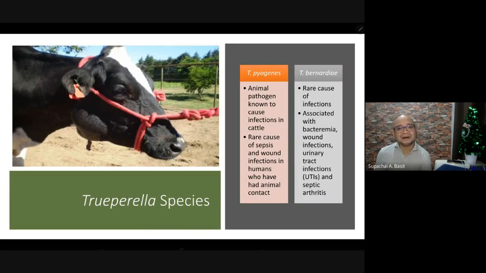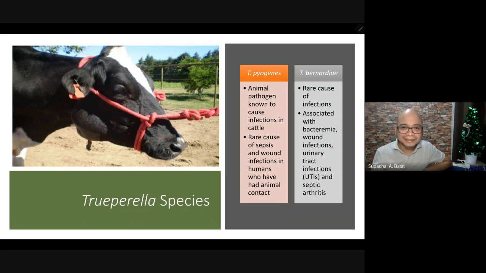Trueperella. So let's talk about Trueperella. There are two important species of Trueperella. These are Trueperella pyogenes and Trueperella bernardiae. Trueperella pyogenes are animal pathogens of cattle, and they may be a rare cause of sepsis and wound infection for humans who have had contact with infected cattle.